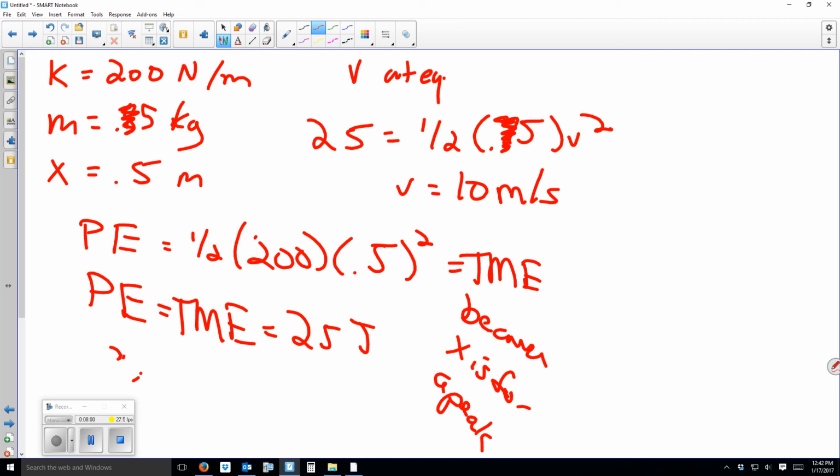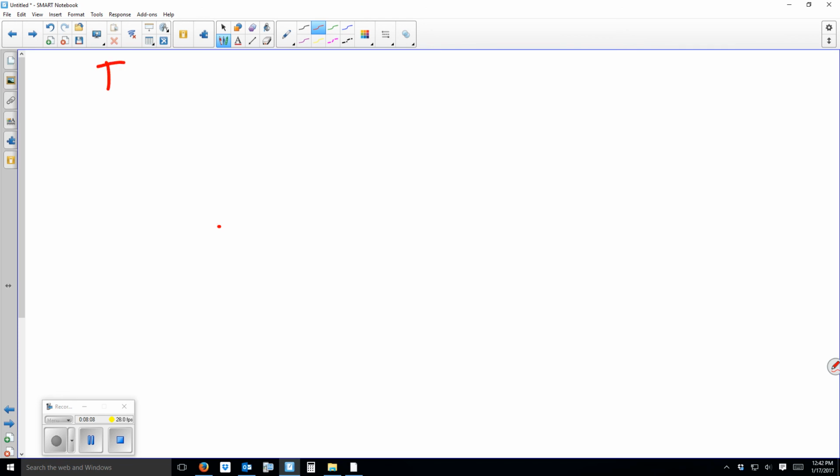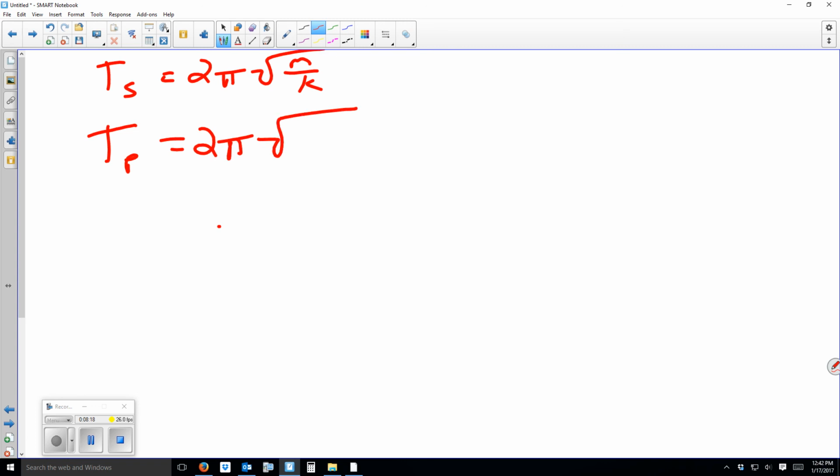Beyond that, I'll go to the next slide, we also have these 2 equations. The period of a spring is 2 pi times the square root of m over k, and the period of a pendulum is 2 pi square root of L over g. One of the things to be extremely careful about, and I realize this in most calculators: if you are going to divide both sides by 2 pi, make sure that the 2 pi is in parentheses.